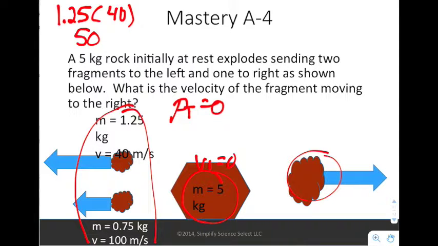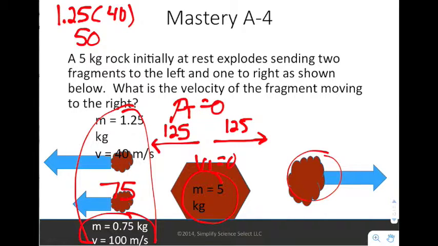The 100, or the smaller fragment right here, is going to end up having a momentum of 75. So I have two fragments that are both moving to the left and have a total momentum of 125. So what that means is that the momentum to the right has to be 125 so that it adds up to that initial value of 0.